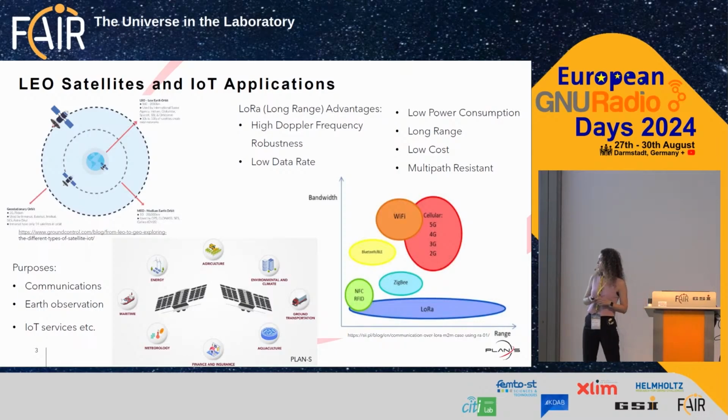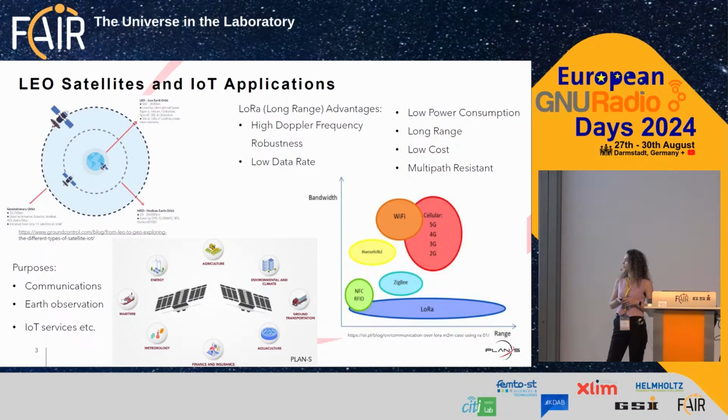LEO satellites are at orbits between 160 and 20,000 kilometers, and as of 2024, there are approximately 5,000 to 6,000 active LEO satellites in orbit. LEO satellites enhance IoT applications by providing reliable and global coverage.